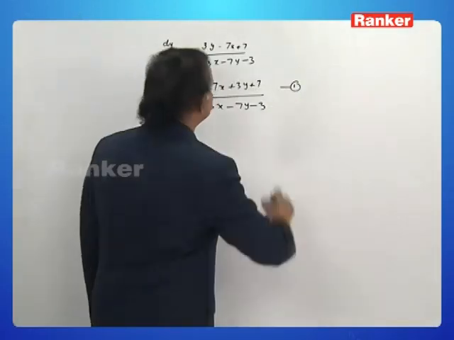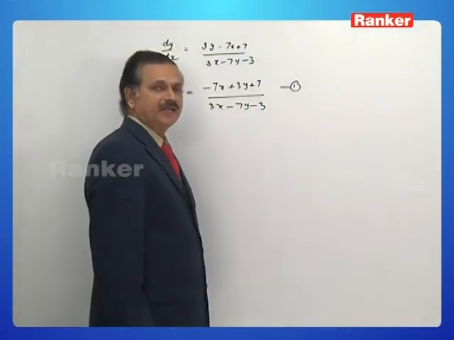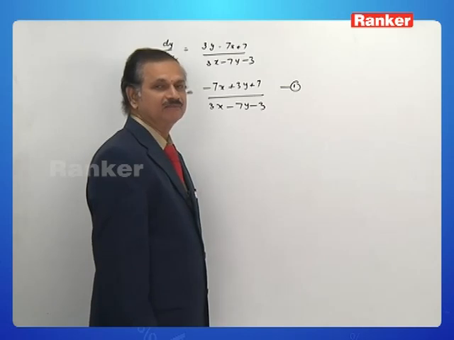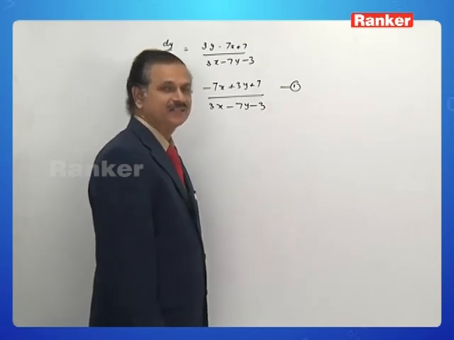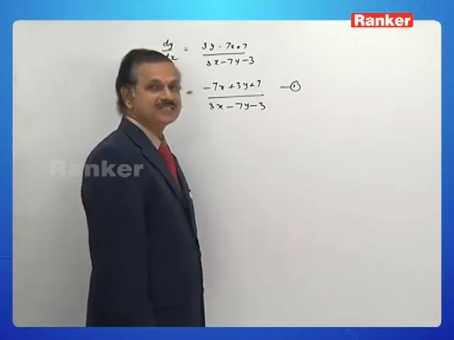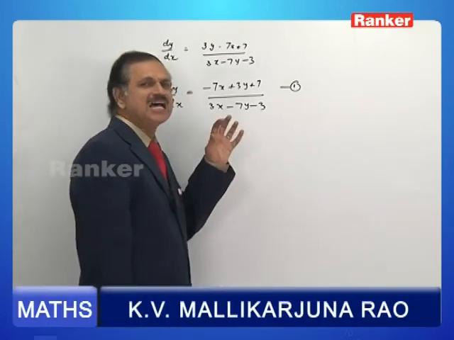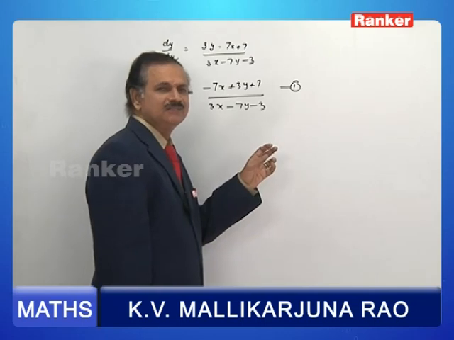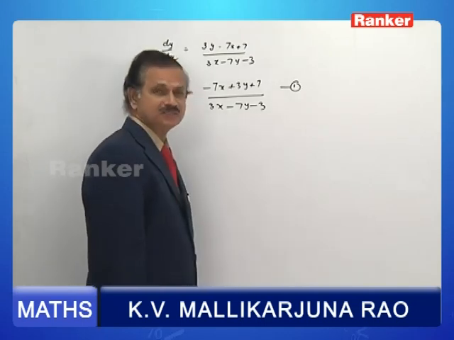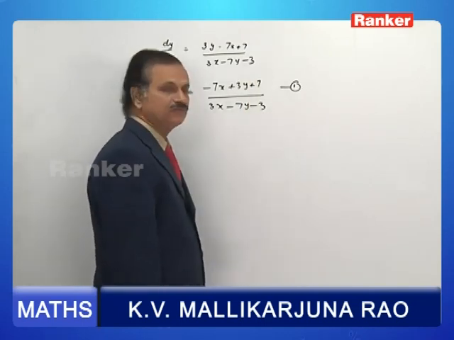Call this 1. In the beginning itself, while looking at the heading, we have told that this can be converted to homogeneous form. What is the main obstacle here for us to say that this is homogeneous? This 7 and this minus 3.